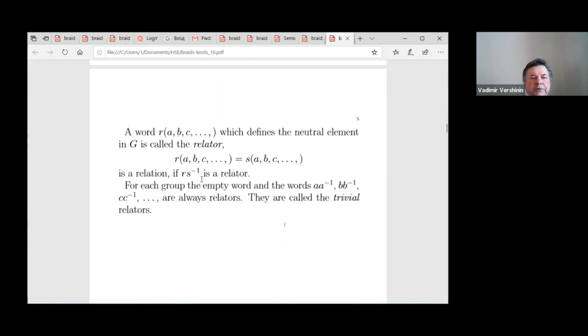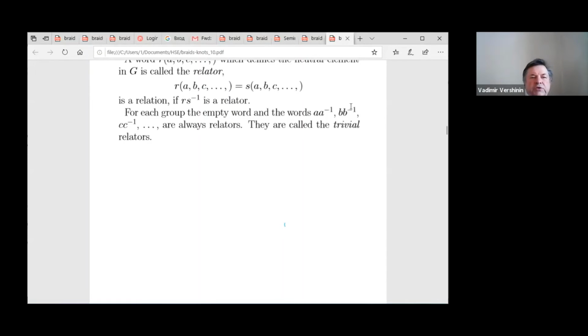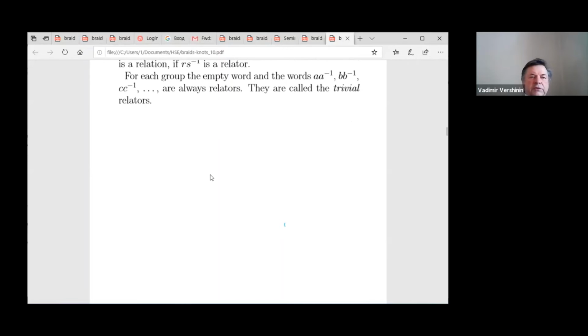So evidently, if you have such words, they are relators, because if you map A to any element in a group, A^-1 is mapped to the inverse element, and the product will be trivial. We call these trivial relators.